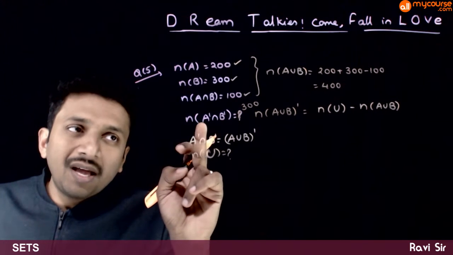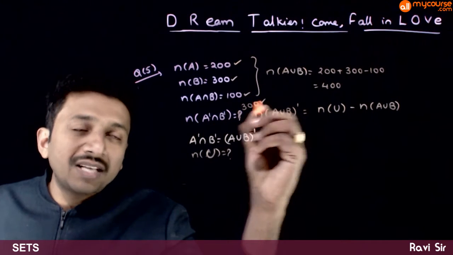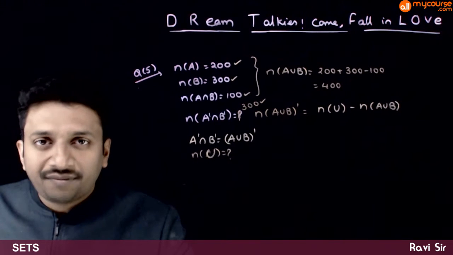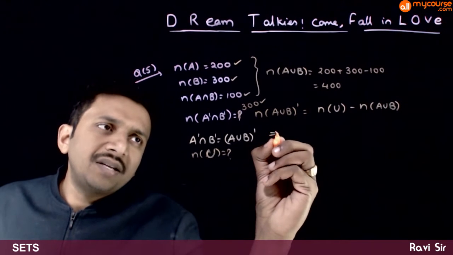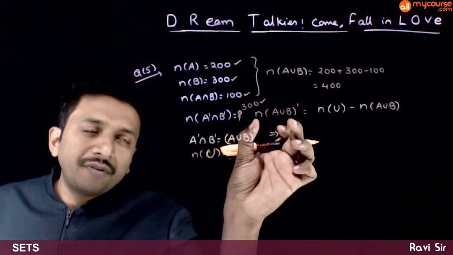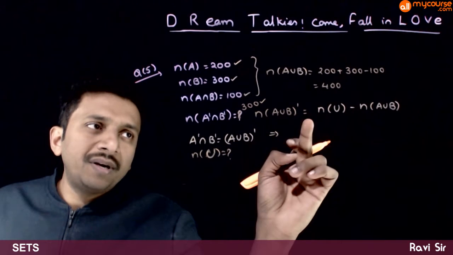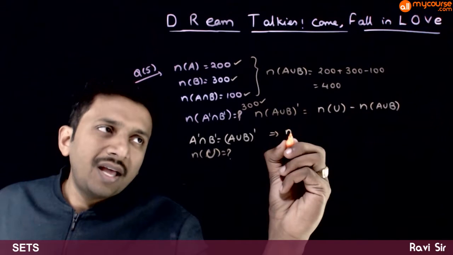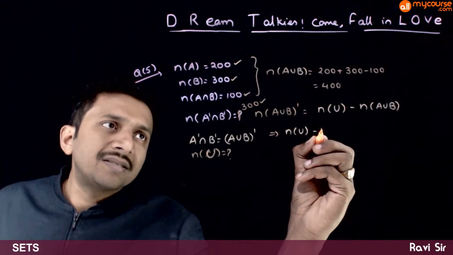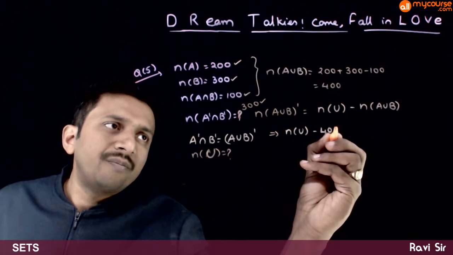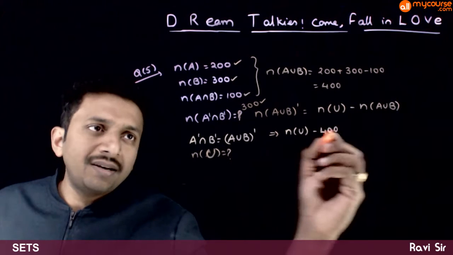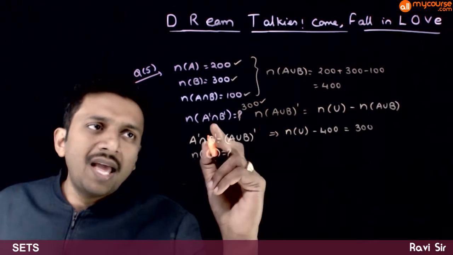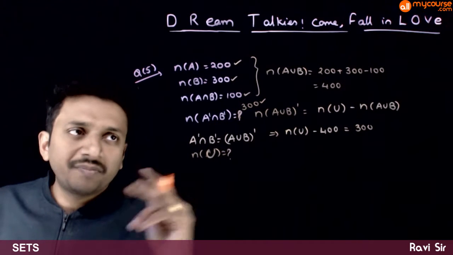So if n of A complement intersection B complement has to be equal to 300, how many elements should the universal set have? So this implies n of A union B whole complement is equal to n of U minus n of A union B, where n of A union B is 400, and this is nothing but n of A complement intersection B complement.